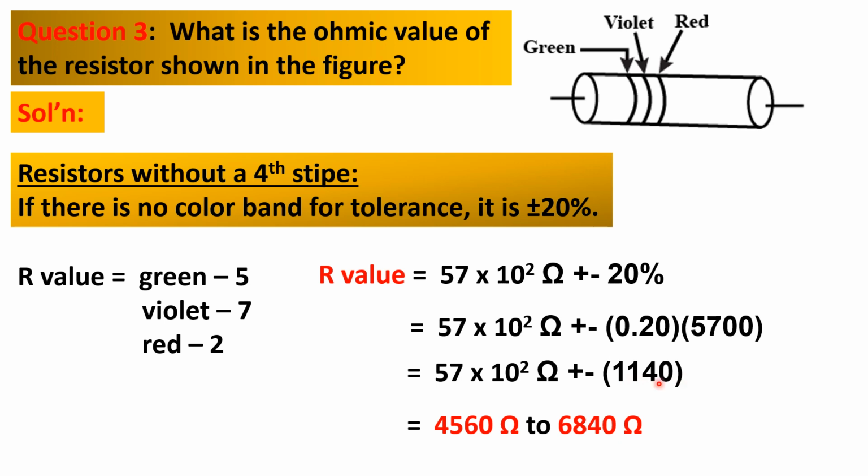So if you're going to get the upper limit or the upper value of the resistor, it is 6,840 ohms, and the lower value limit is 4,560 ohms.